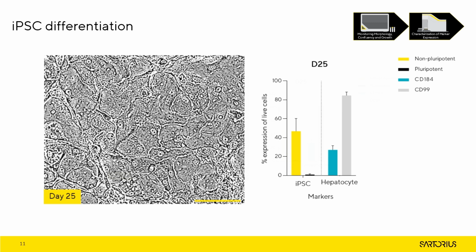Expression analysis further confirms this, with cells showing approximately 50% non-pluripotent marker expression and negligible pluripotent marker expression. CD184 expression drops to the lowest it has been throughout the differentiation process at approximately 30%, while the CD99 expression remains high at 85%, indicative of a mature hepatocyte phenotype.